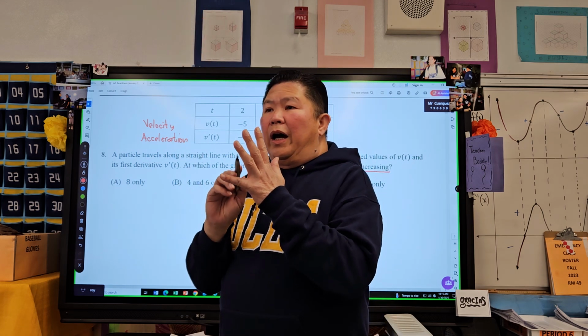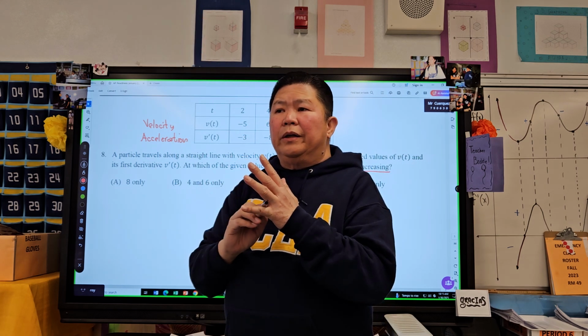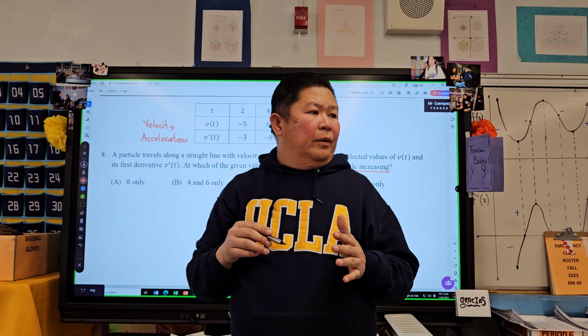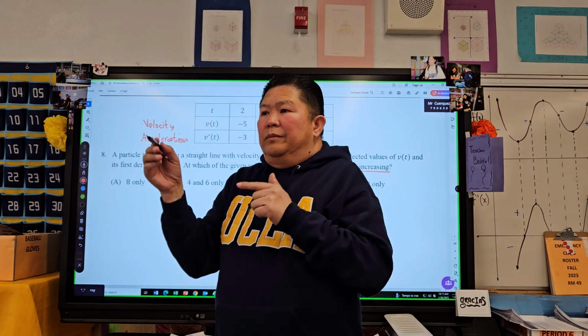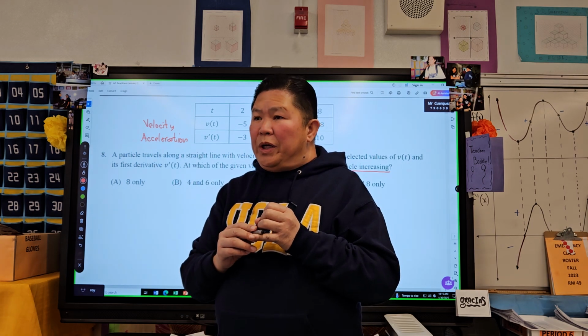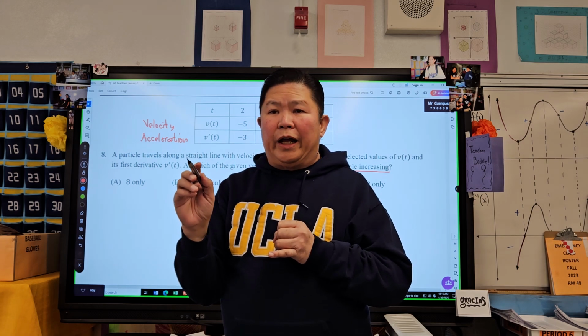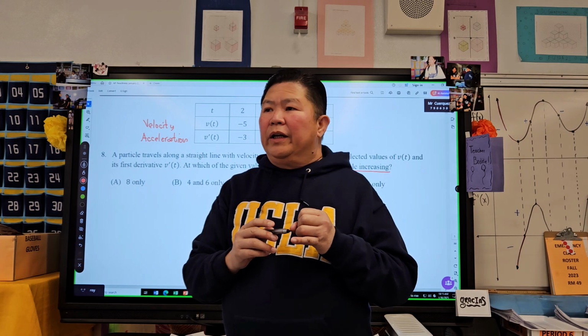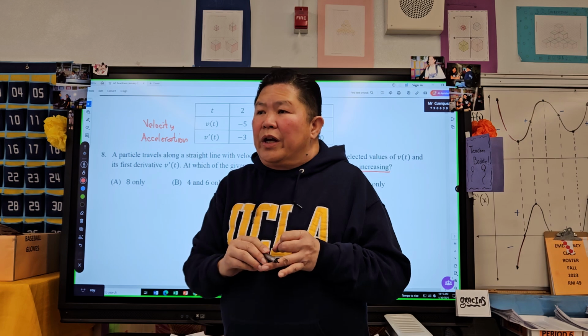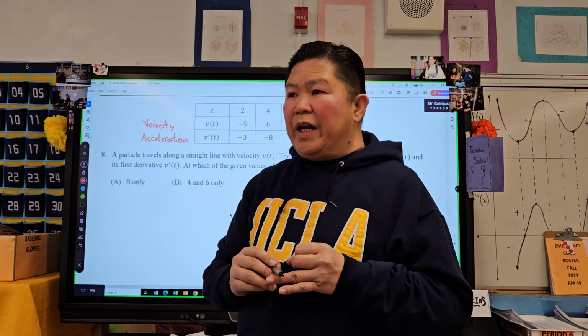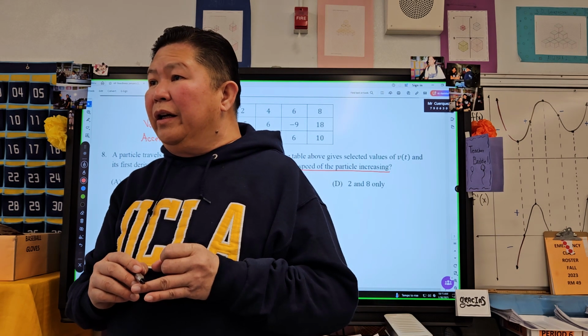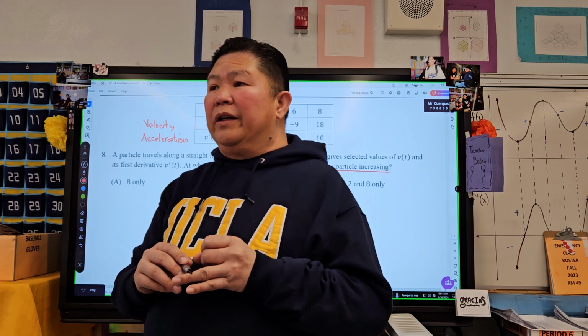Another way of recalling that is to think of the acceleration. I need you to memorize that velocity and acceleration have the same sign.